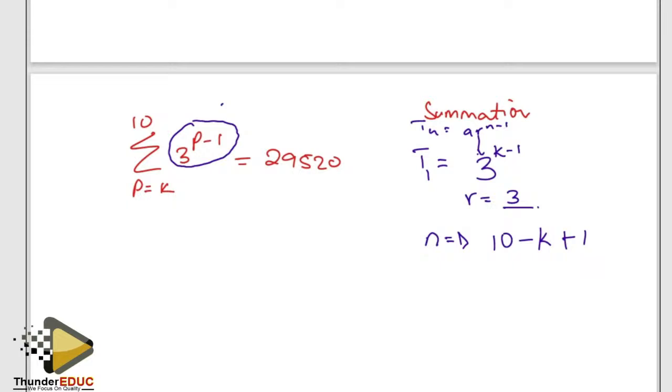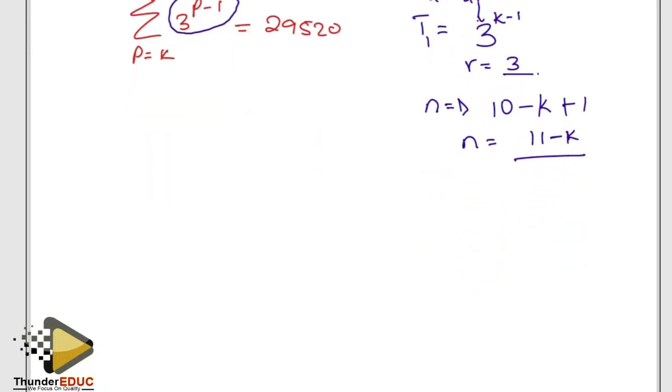So 10 plus 1, that's going to be 11 minus k. So these are the number of terms that I'm dealing with. Then I'll use my geometric sum formula, which is given as a times r to the n minus 1 over r minus 1, because I know that my r is greater than 1.